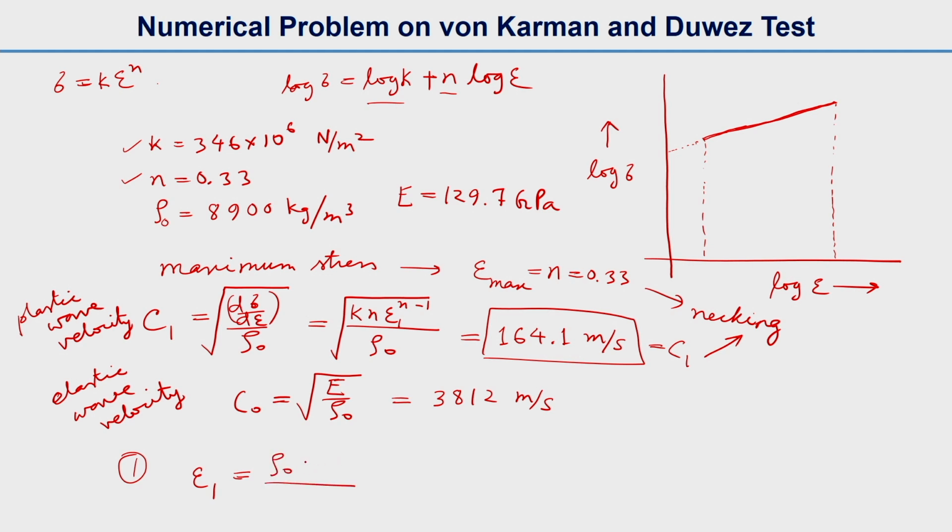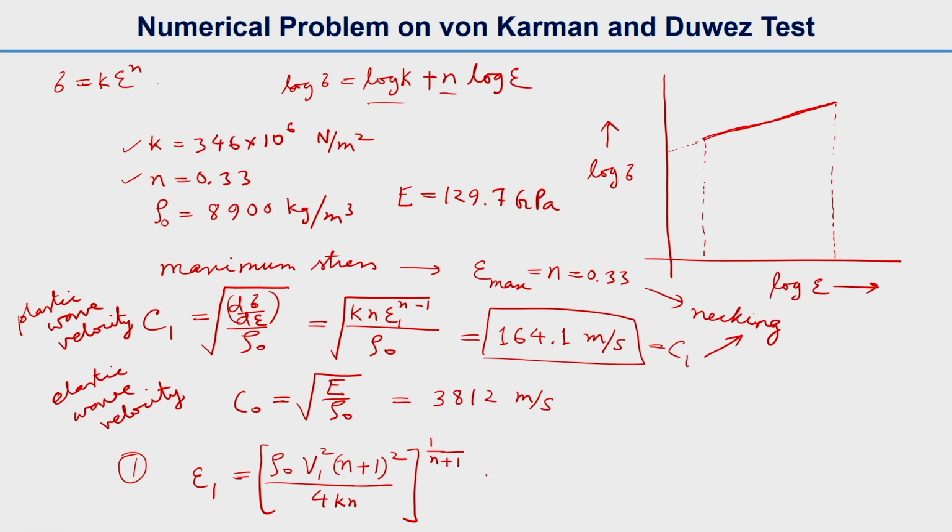Directly we put in rho naught V1 squared, (n plus 1) squared over 4kn, to the power 1 over n plus 1.